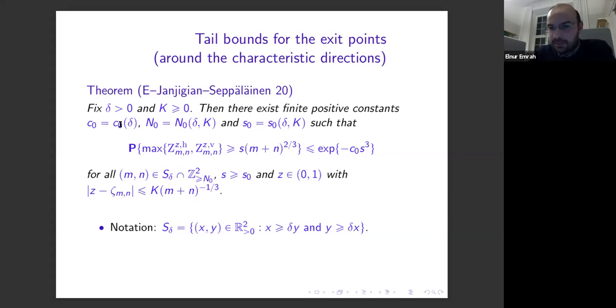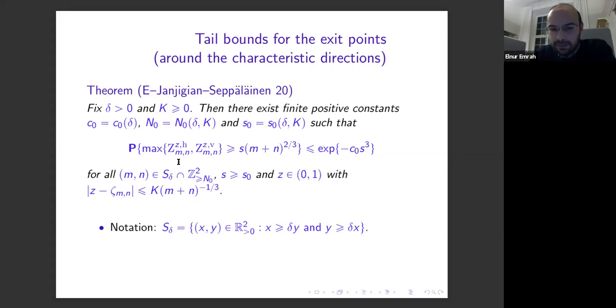Then there are some constants, C0, N0, and S0 with these indicated dependencies, such that the probability of either exit point being bigger than S times (M plus N) to the 2/3 goes down like e to the minus C0 times S cubed.